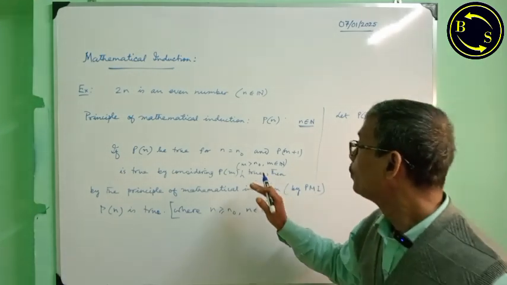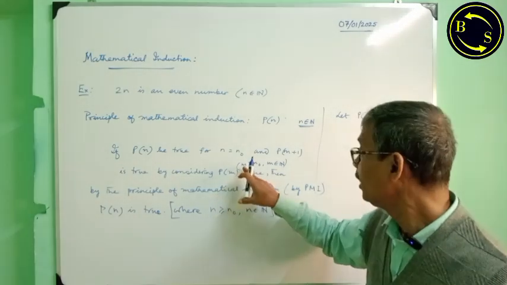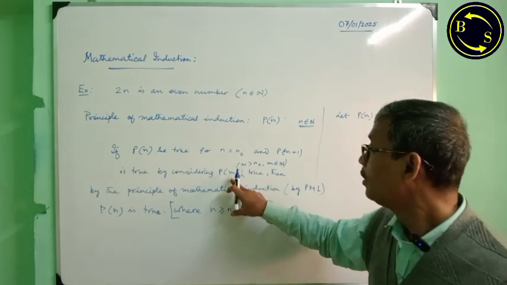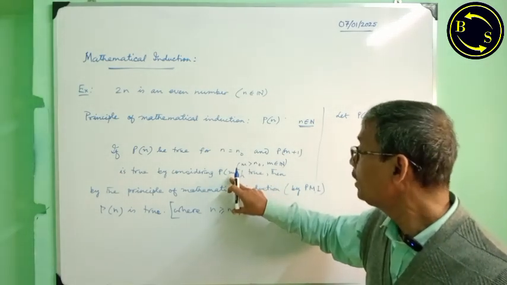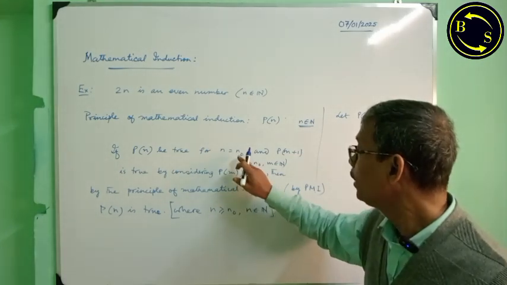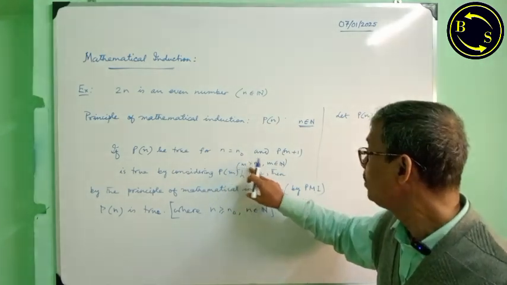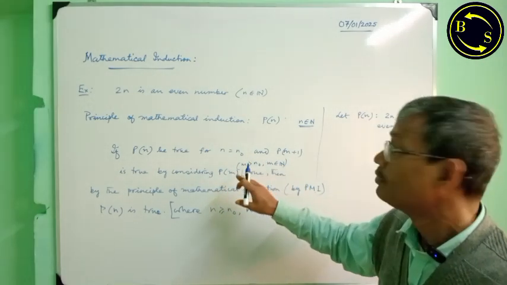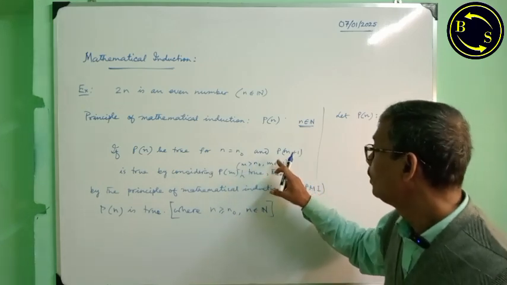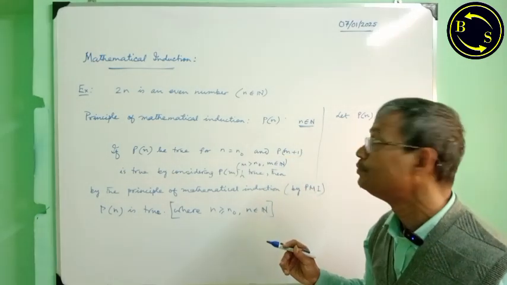Now we assume Pm true where m is greater than n naught. I have started by showing Pn naught true. Then we consider Pm to be true. Obeying this rule, we show by actual calculation Pm plus 1 is true.